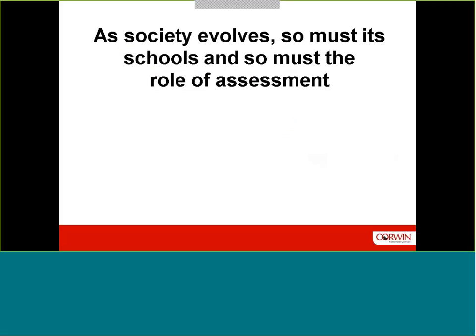And the reason it's crucial is that as our society evolves, so must its schools, because those schools are called upon to meet new needs, and they are being called upon to do that. And my big point here is that as schools evolve in the service of that agenda, we also need to have our assessment systems evolving to align with the purposes of schools.